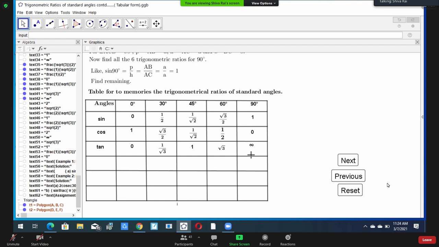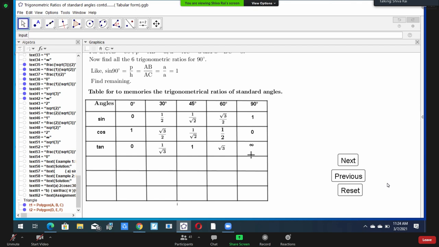Okay. Now, after this, I think you can find cosec 0 degree, 30 degree, 45 degree, 60 degree, 90 degree. And for sec also you can find sec 0 degree, 30 degree, 45 degree, 60 degree, 90 degree. And you look here, for cot, the relation of cot.